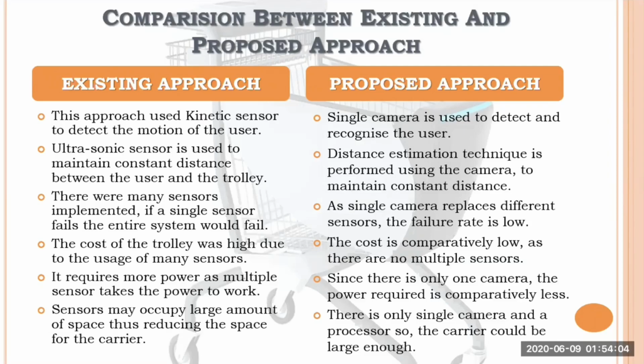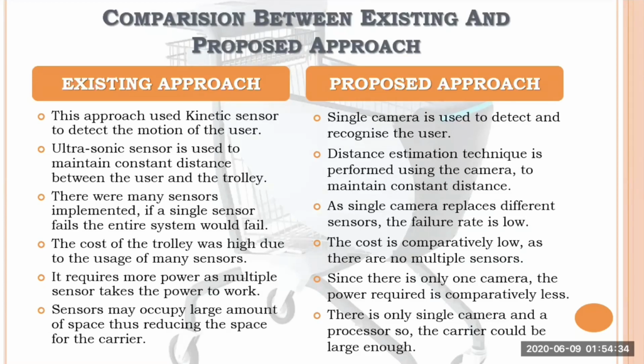But in our project, we have used a single camera and we have coded it to maintain a constant distance in order to avoid collision. Using the program to replace the sensor, we are replacing our entire hardware by implementing it in the software part. I think this is one of the best approaches compared to the previous existing approach.